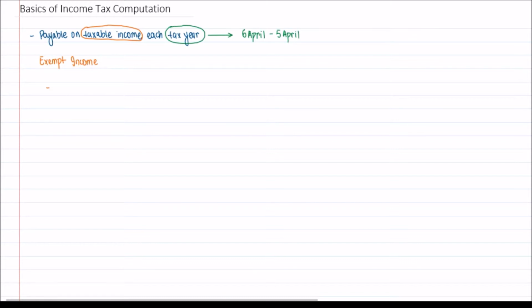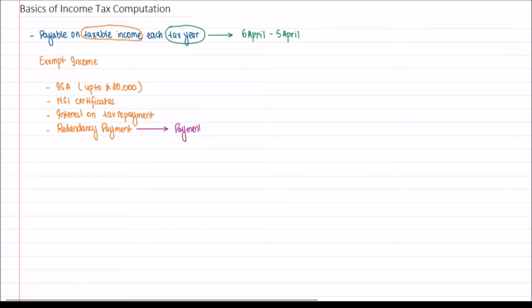So here are some examples of exempt incomes. Income from an individual savings account up to £20,000. Income from National Savings and Investment Certificates, interest on repayment of tax, redundancy payment. Now what's that?